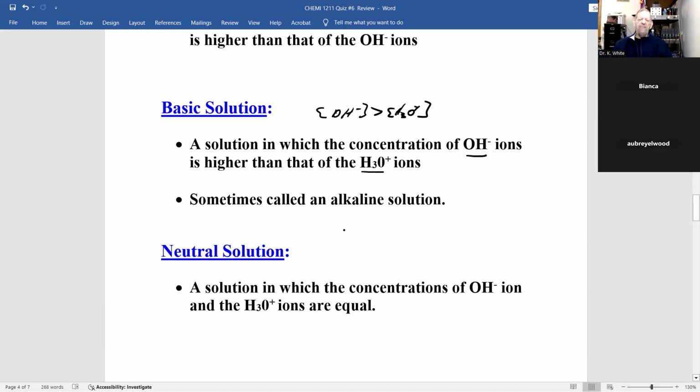And you should know a basic solution is one where the OH minus hydroxide concentration is greater than the hydronium ion concentration.